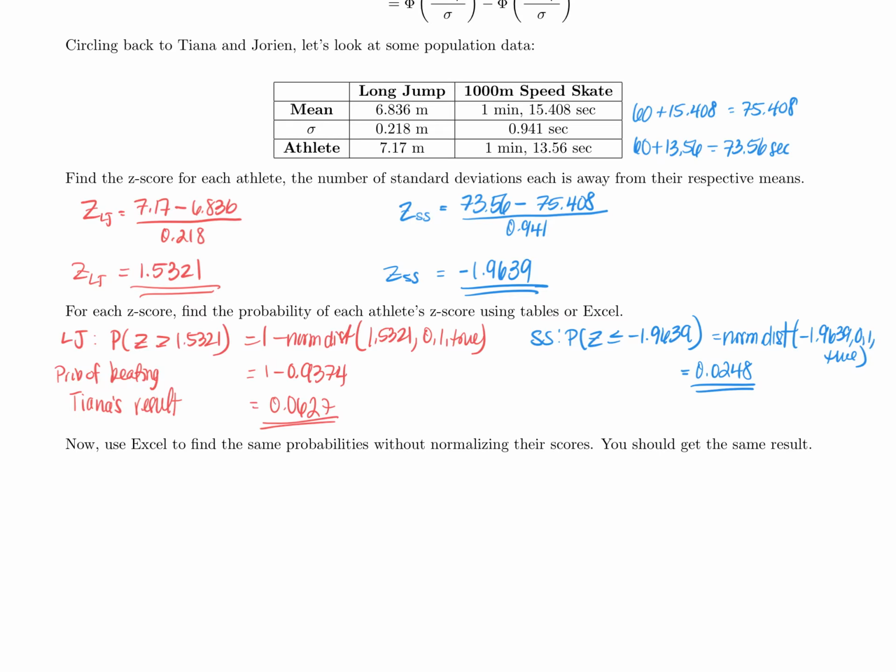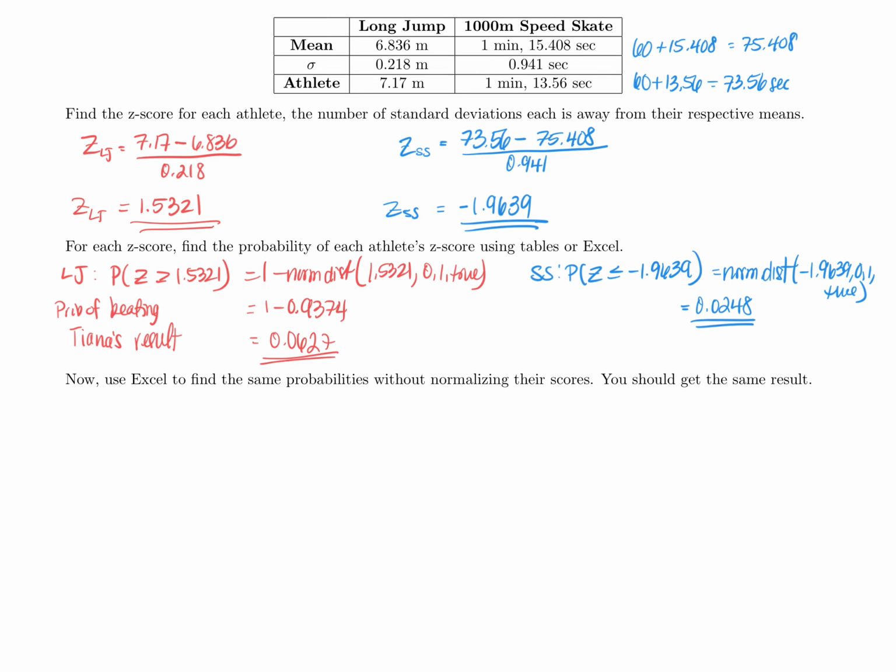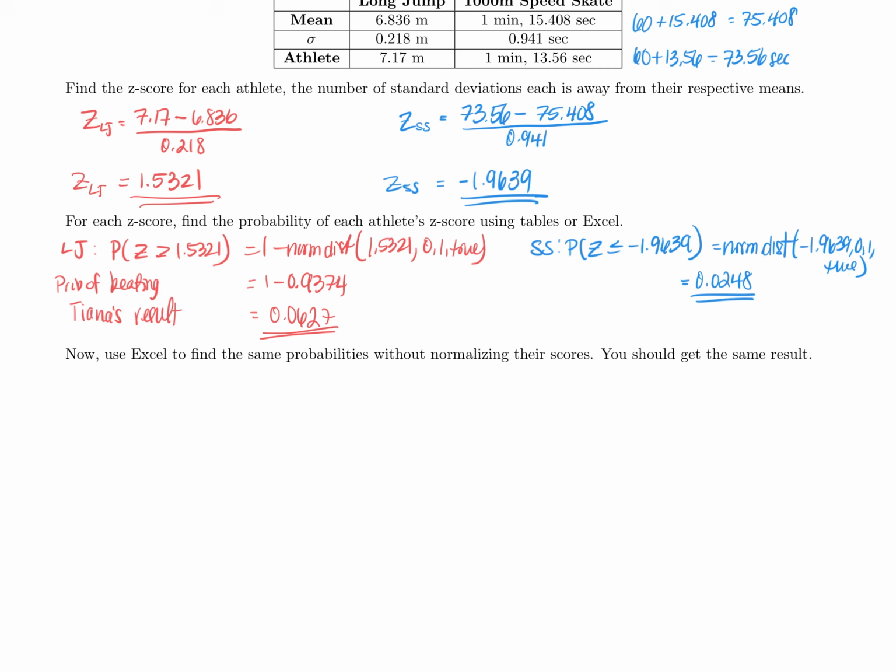That tells us Yorian's speed skating performance was a little more uncommon or unusual than the long jump. Both of them are still exceedingly impressive. Yorian just happened to make his a little less likely to beat than Tiana's long jump.